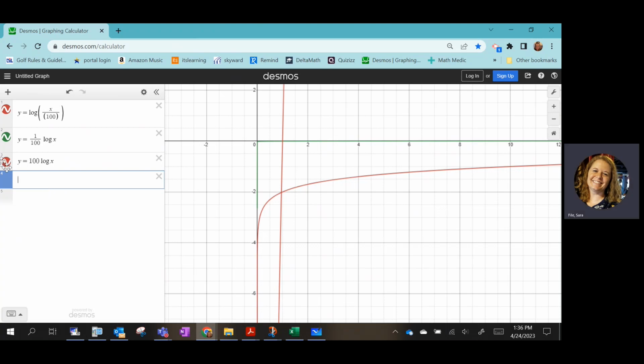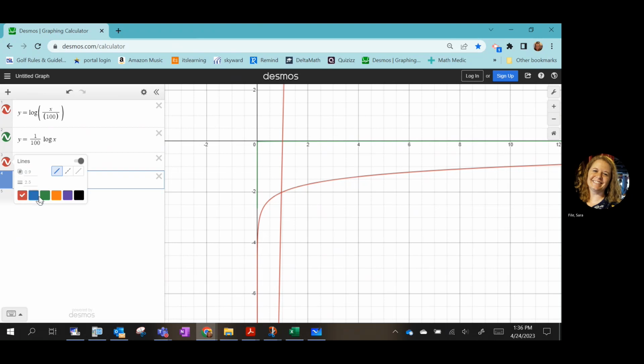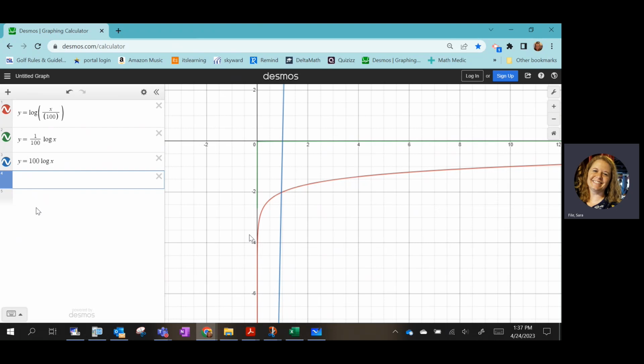So let me get a different color. Yeah. So the difference here is, this one is the horizontal stretch that we're talking about. Okay. And then this one is the vertical stretch. And then this one is the vertical compression.